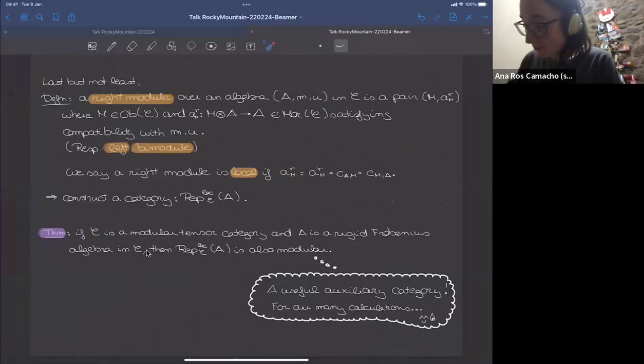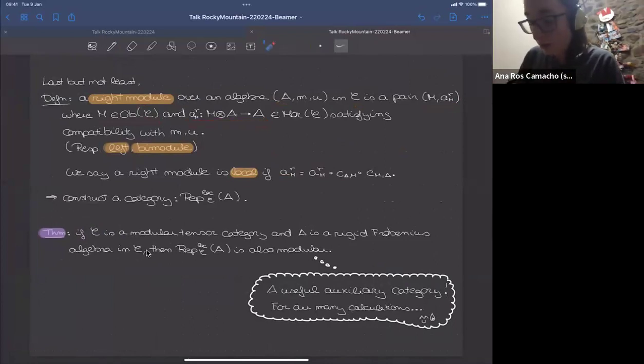Just very quickly, some structure that was super useful for us in our very lengthy calculations was the notion of module in the categorical sense. We define a right module of a certain algebra in a category as a pair of an object in my category together with an action satisfying compatibility with multiplication and the unit.